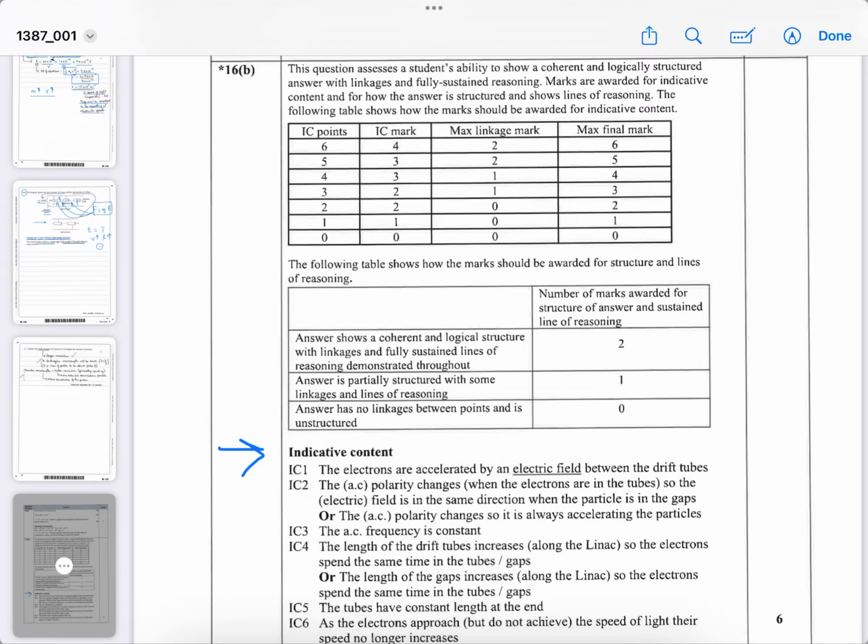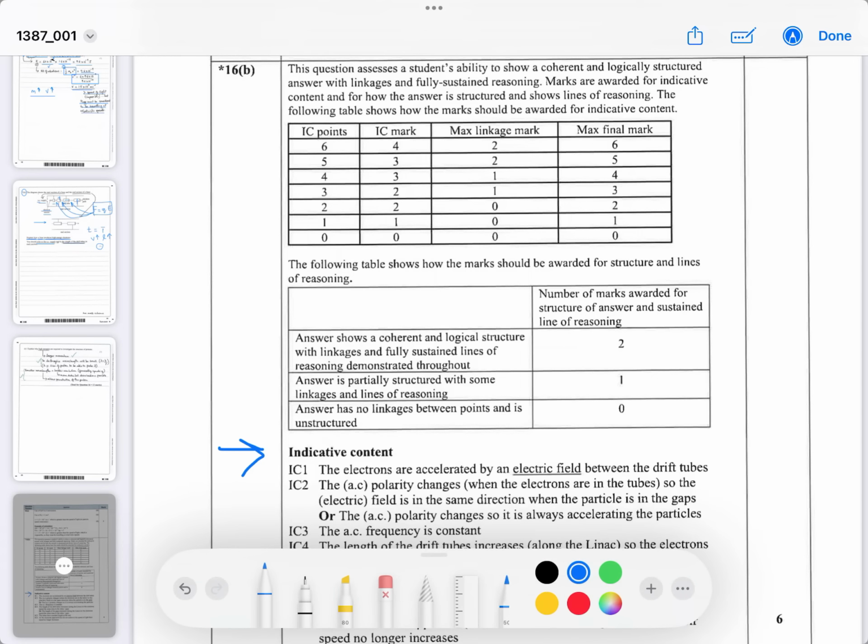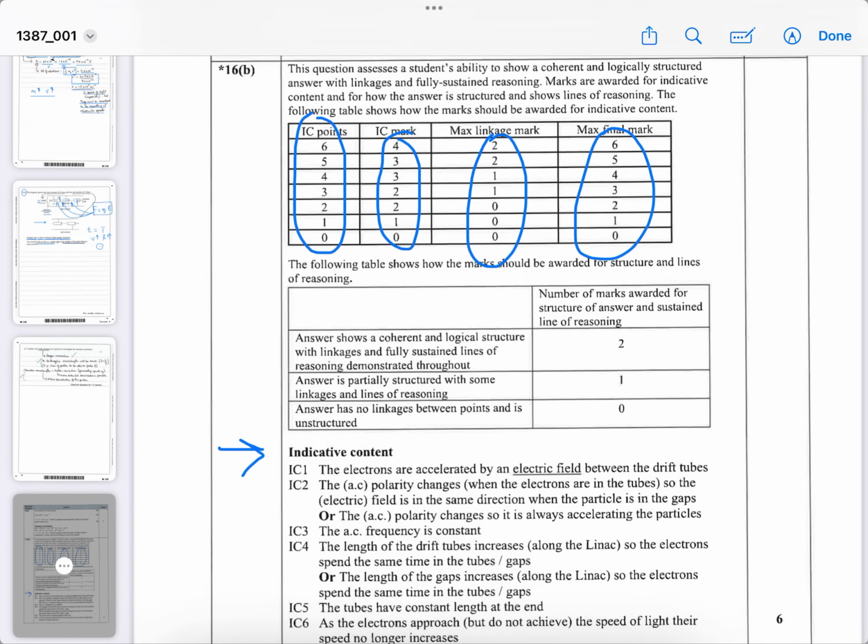whatever. And the table shows that they're looking for, first of all, the content, and then they will give you up to 4 marks for your content. And then for your reasoning, they can give you 2 marks to be able to give you the final mark of 6, okay? So that's how they mark these questions. All right.